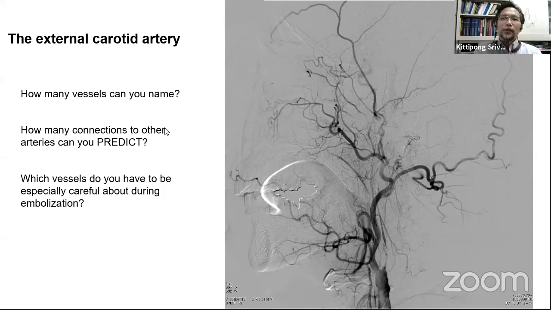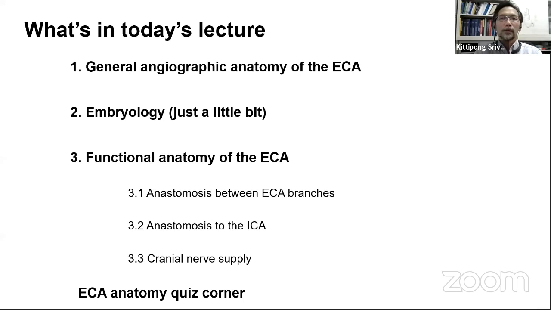I would like to know how many vessels you can name, or sometimes you have to be able to predict something that you cannot see actually on the pictures. Some connections that you have to be able to predict precisely based on your anatomy knowledge. And you have to know which vessel you have to be very careful about when you're trying to embolize, occlude something.